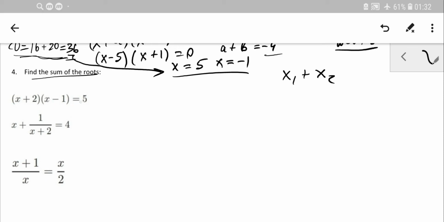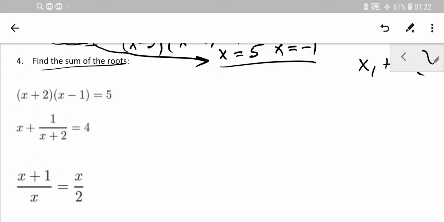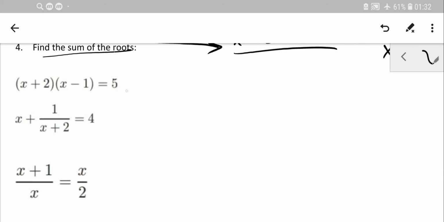x plus 2 times x minus 1 equals 5. So don't mess up. It's not 0 here, so you cannot equate each factor to 0, because here is the 5, and obviously you cannot equate to, let's say, 5, because it's incorrect. So in this case, you need to expand it.